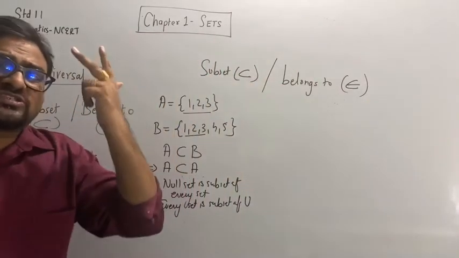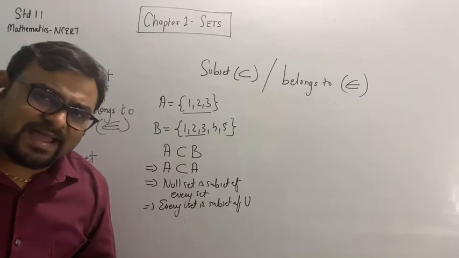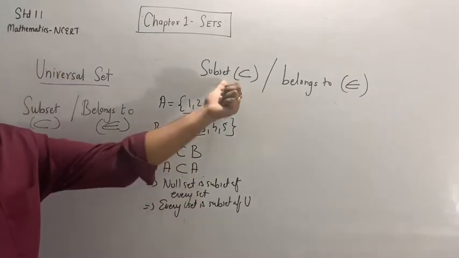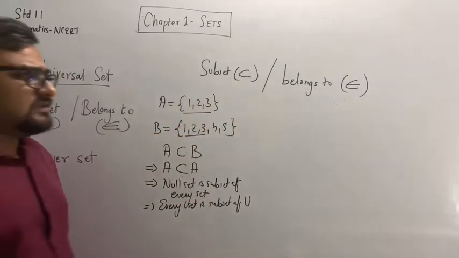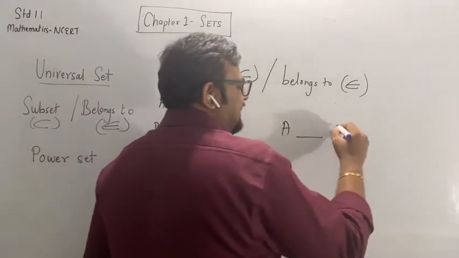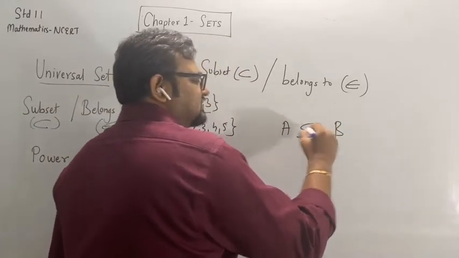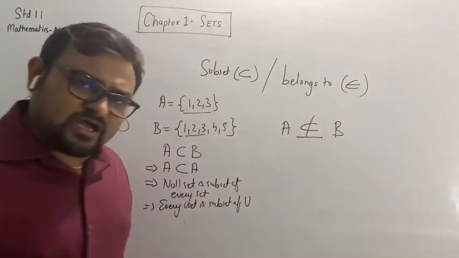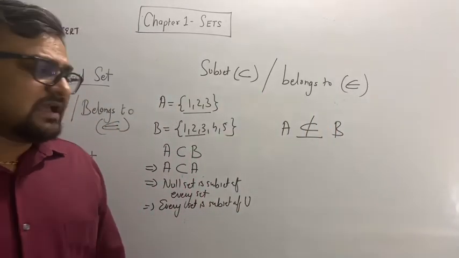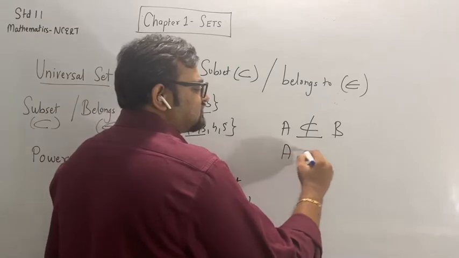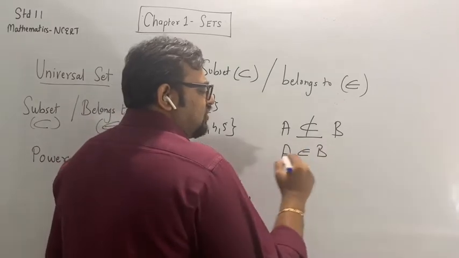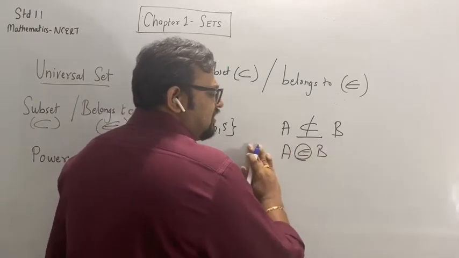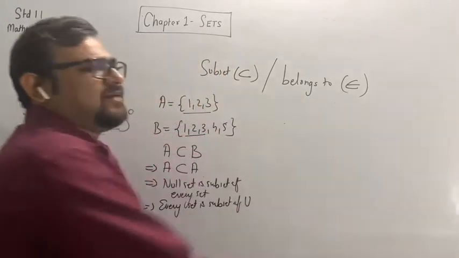See, when two sets are compared, there will be a symbol of subset. Means here there is A and B. A can be a subset of B or A is not a subset of B. Right? But you cannot write down set A belongs to B. Okay, when you use this symbol, you have to use an element.